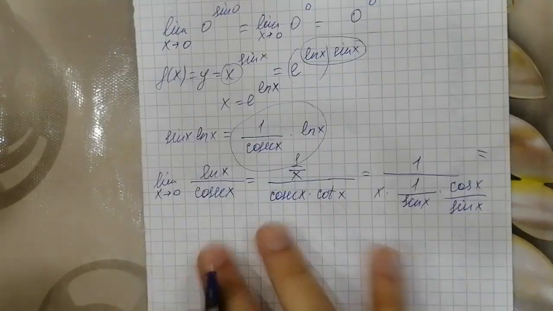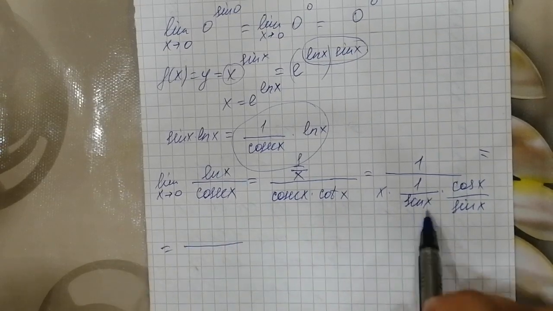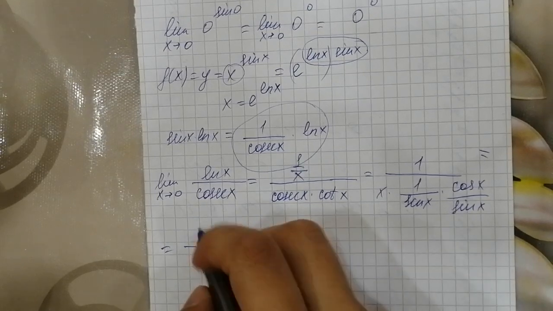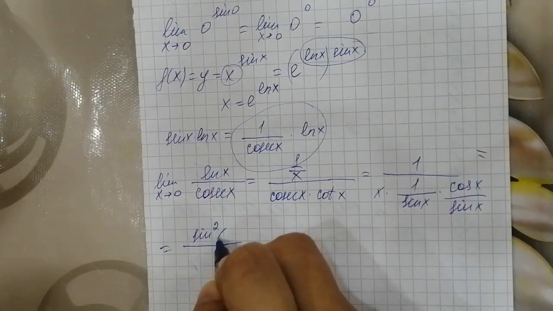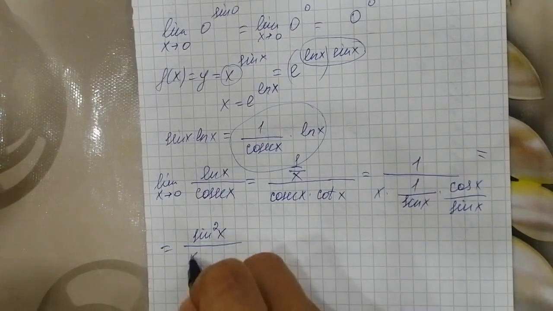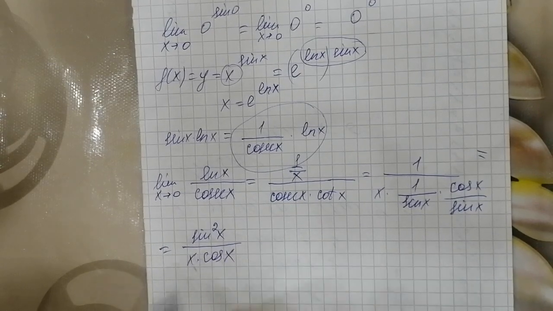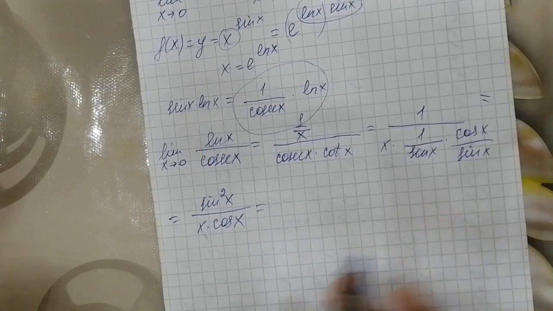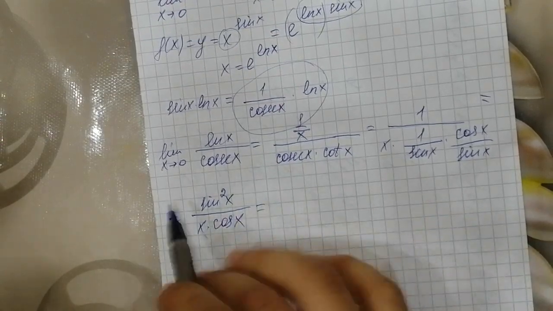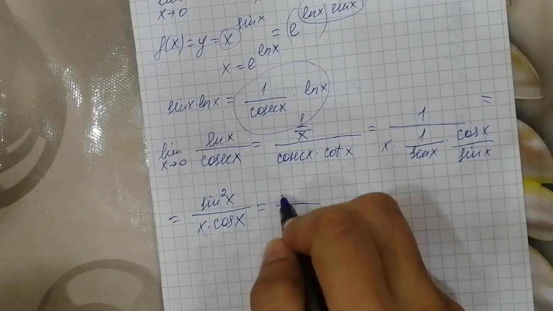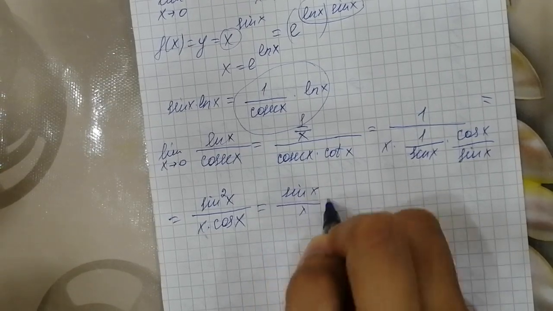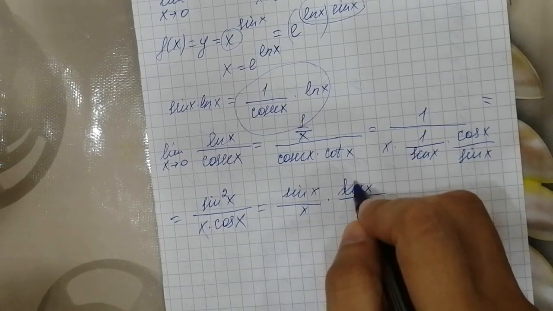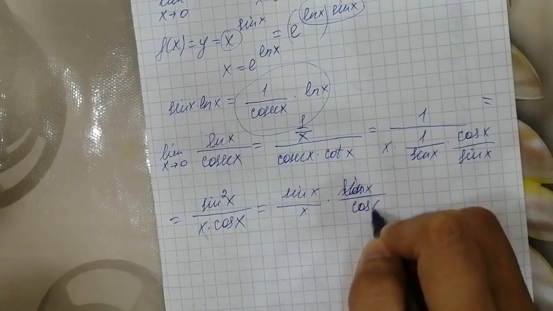Then that's equal to sine squared x in the numerator over x times cosine x, and I'm going to split this multiplication as sine x over x times sine x over cosine x.